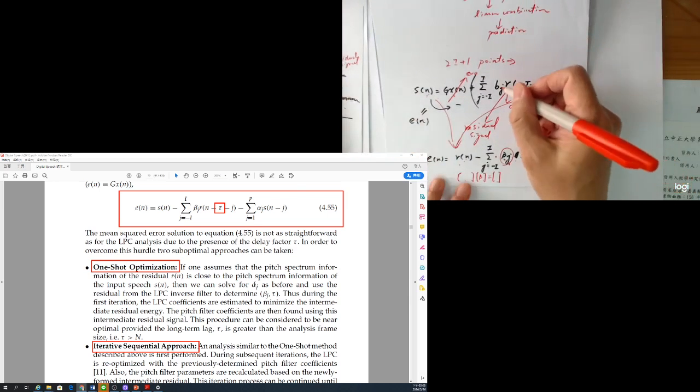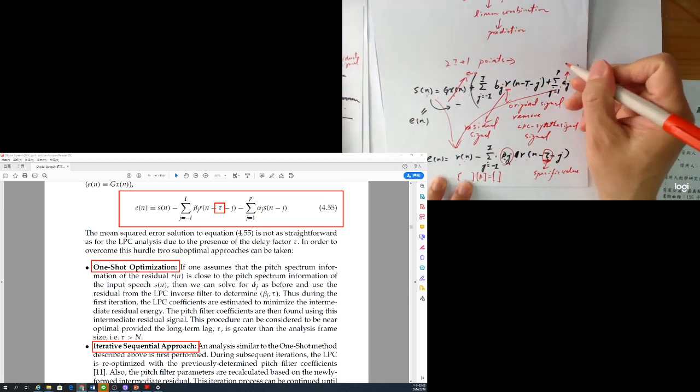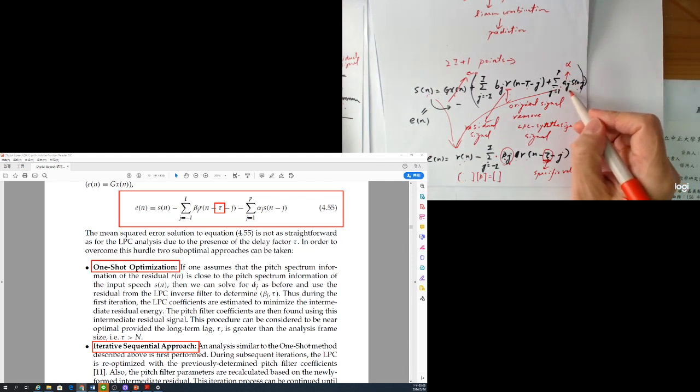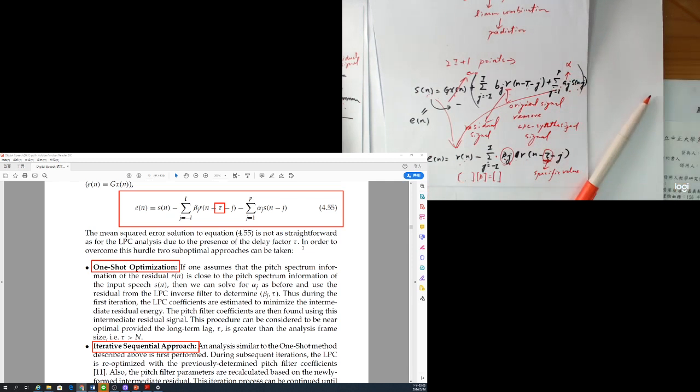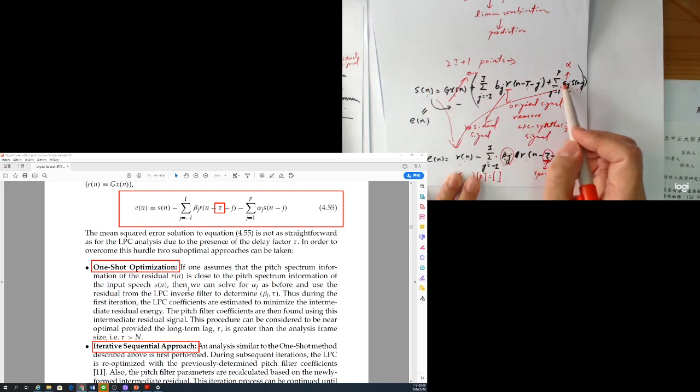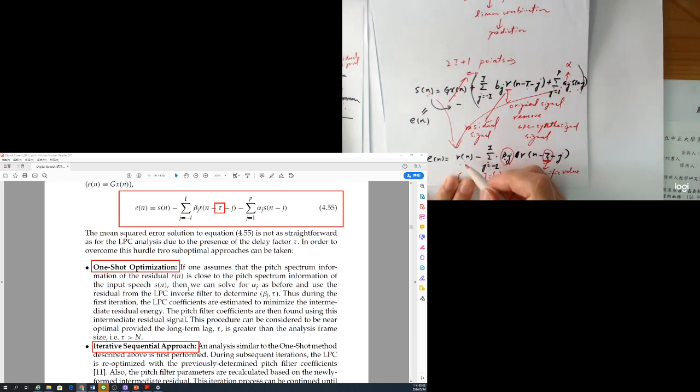This one we call beta, and this one we call alpha. So we try to get your linear prediction coefficients first, and then use them to get the LPC inverse filter. These two are subtracted, so we get a residual signal.